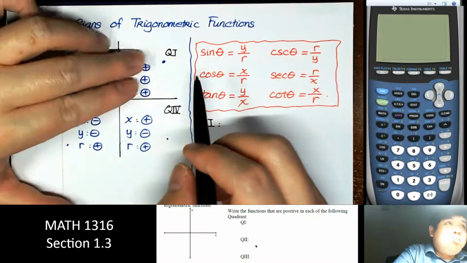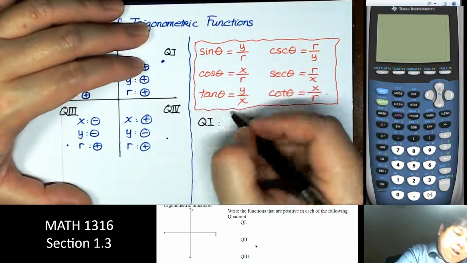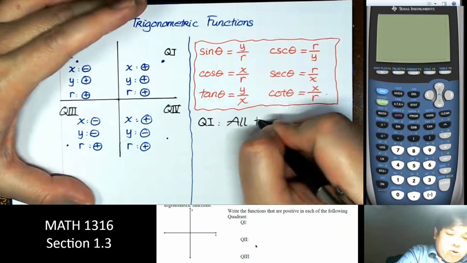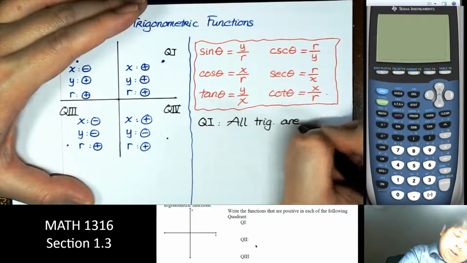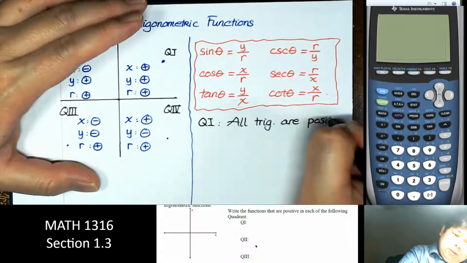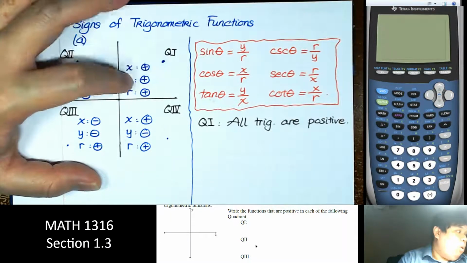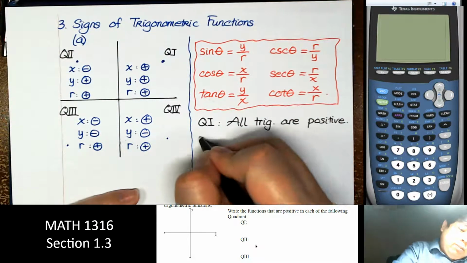Doesn't matter, we just pick two of those, divide them, all of this will be positive. So in quadrant 1, all trig functions are positive, because x is positive, y is positive, and r is positive. That's the first quadrant.